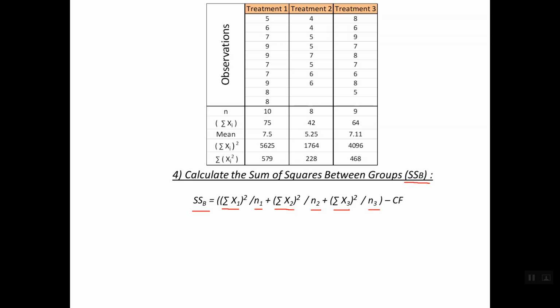From all these summations we subtract the correction factor, which is already calculated.